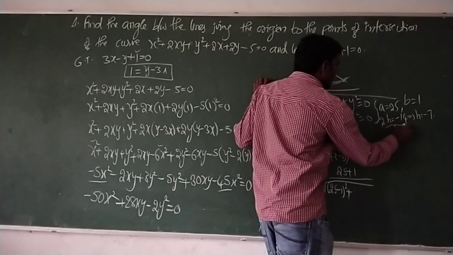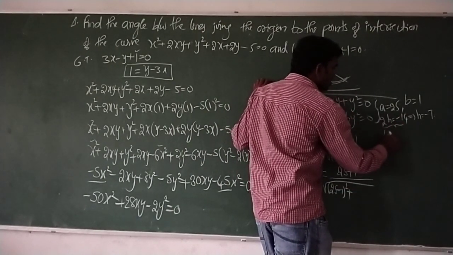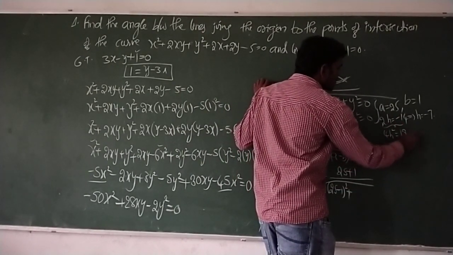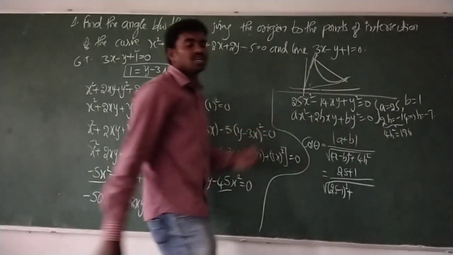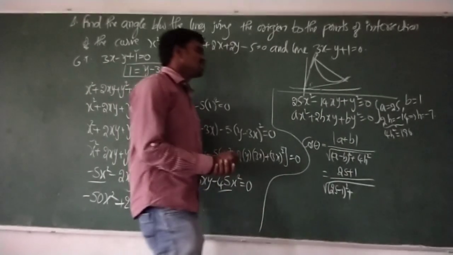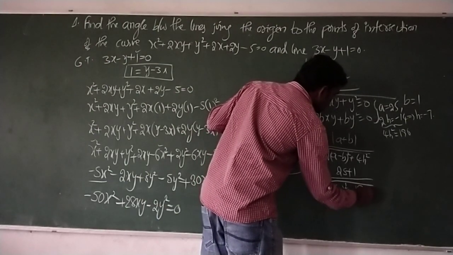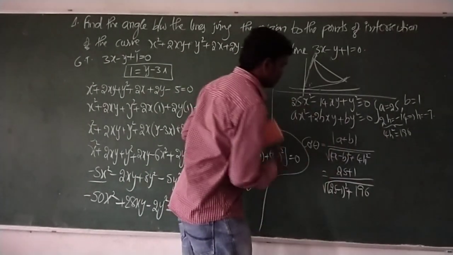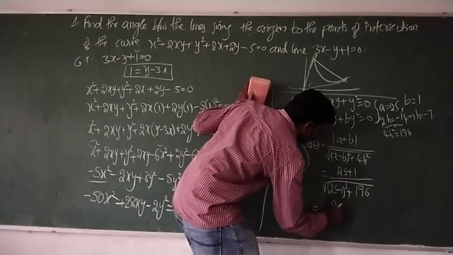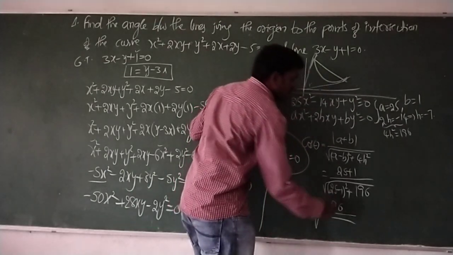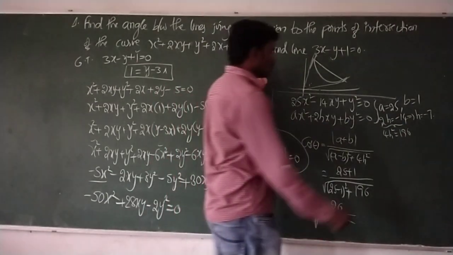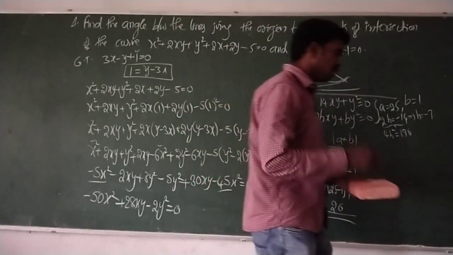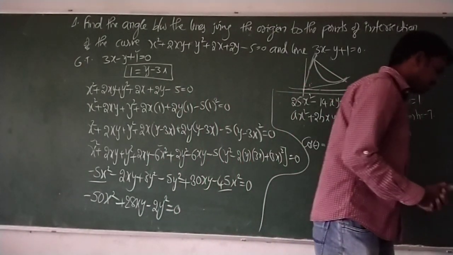See, this is 2h equal to minus 14. Squaring on both sides we get 4h square equal to 196. What is 14 square? Very good, 196. So 25 plus 1 how much? 26. 26 by root of 25 minus 1 how much? 24. 24 whole square how much? Yes, tell me.